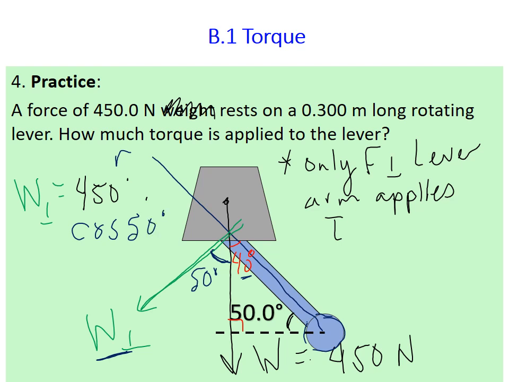So even though we've been talking that torque is equal to R cross F, I have already now done, just using triangles, the cross product. And it turns out in this case the cross product is cosine of 50 degrees. So I will do in my calculator 450 times cosine of 50 degrees.